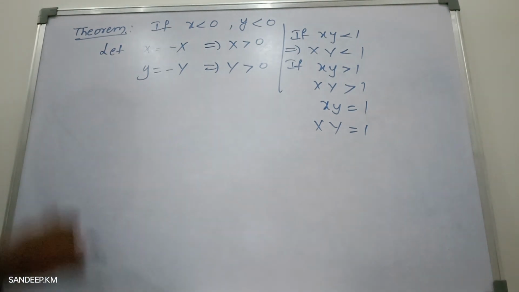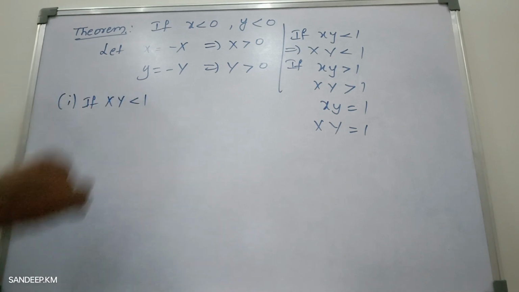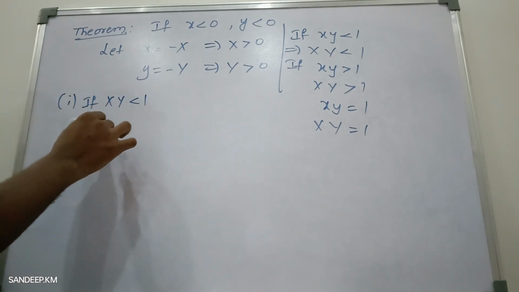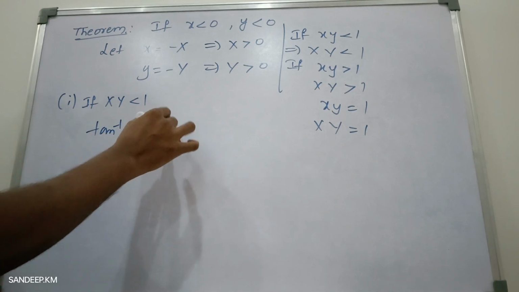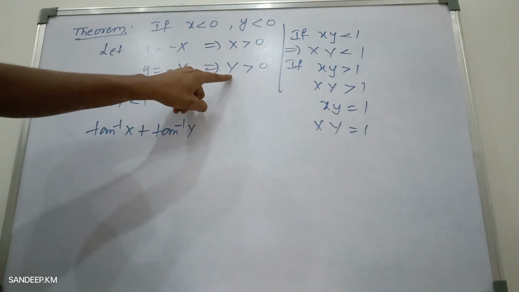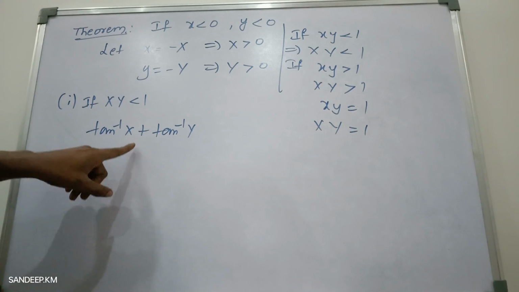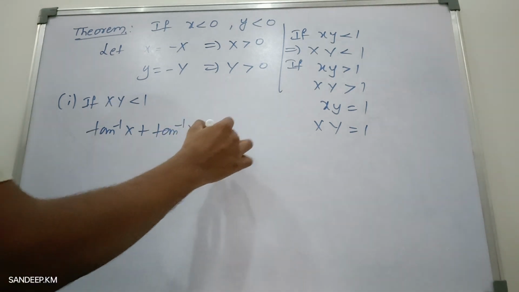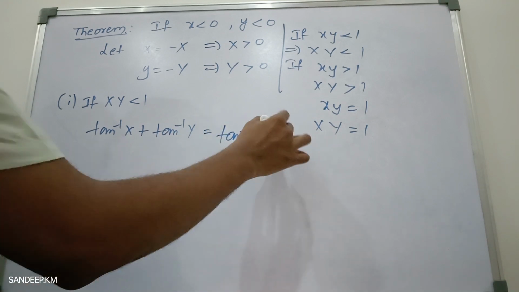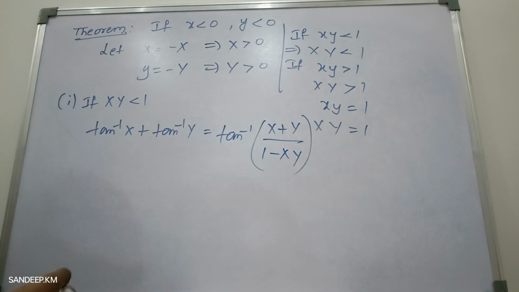So case 1, if capital X into capital Y is less than 1, then tan inverse of capital X plus tan inverse of capital Y. Already capital X is positive and capital Y is positive, so we can use the previous theorem, and according to the previous theorem, tan inverse x plus tan inverse y is equal to tan inverse of (x plus y) by (1 minus xy) in terms of capital letters.